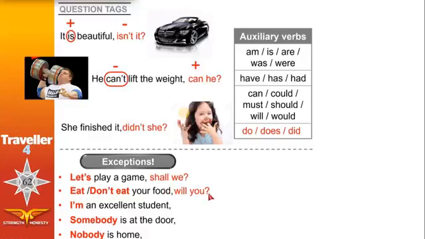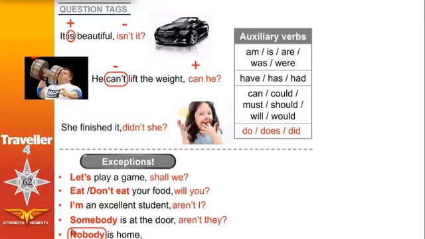Always, will you. Every time you start with I'm or I am an excellent student, you don't say, aren't I? No, it's aren't I? Every time you start with somebody, somebody's at the door, you finish with aren't they?